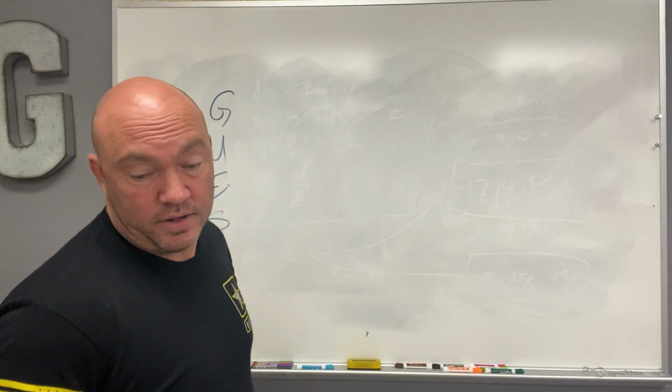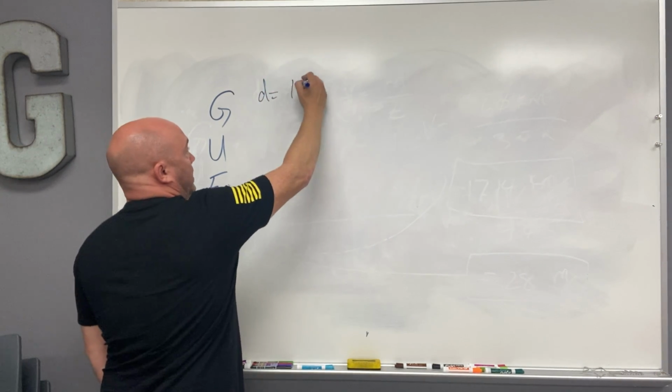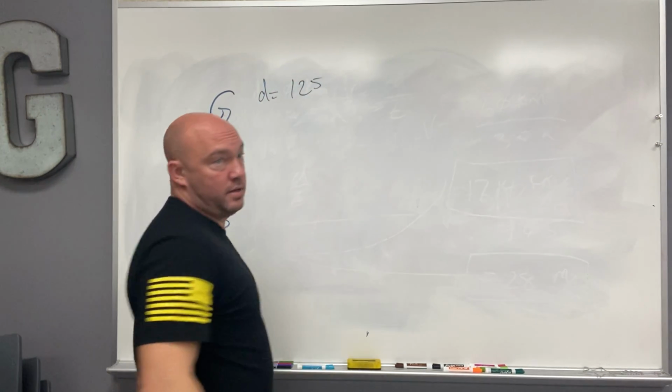Okay, again, I'm going to leave my example up there. And I'm going to go back and make one up. Okay, a cheetah travels a total of 125 meters. So he travels how far? Distance, 125 meters.